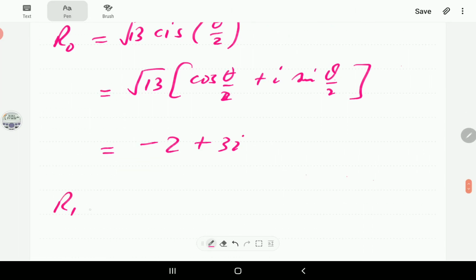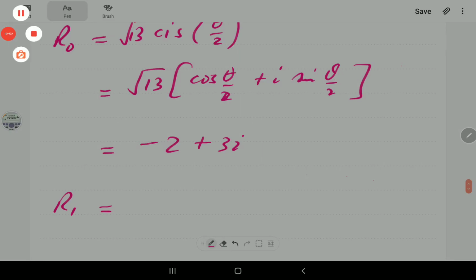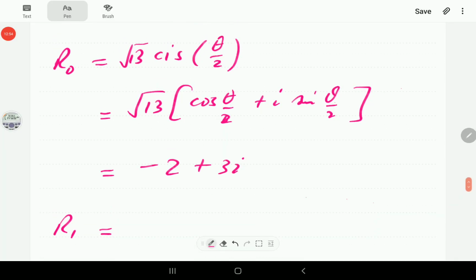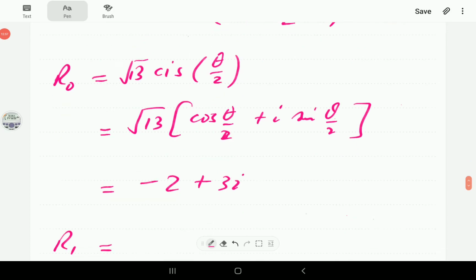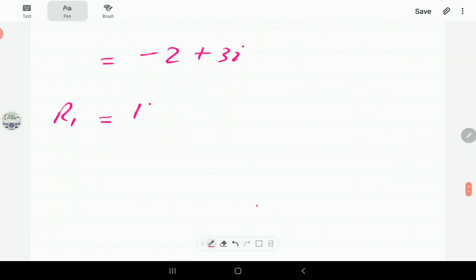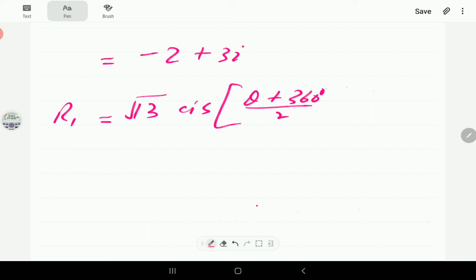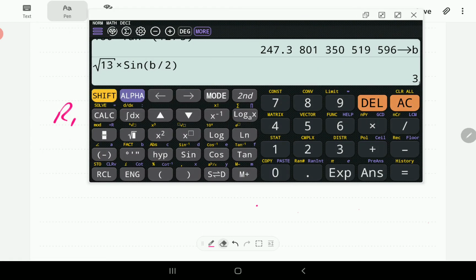Then for the second one, now k is 1. So it's going to be square root 13 cis theta plus 360 all over 2. Now remember, our theta is b. We saved it as b in our calculator.